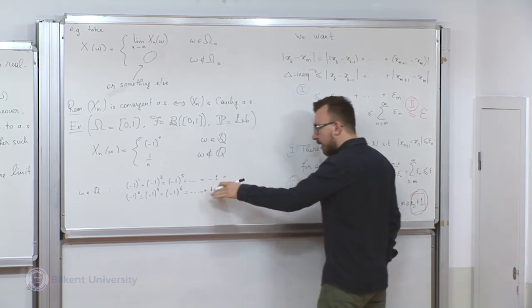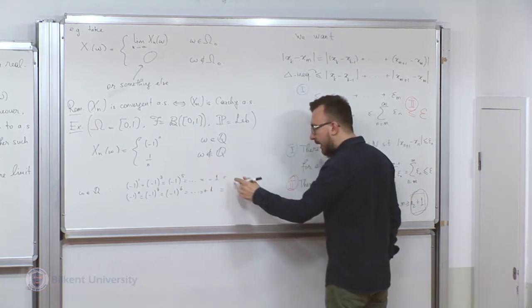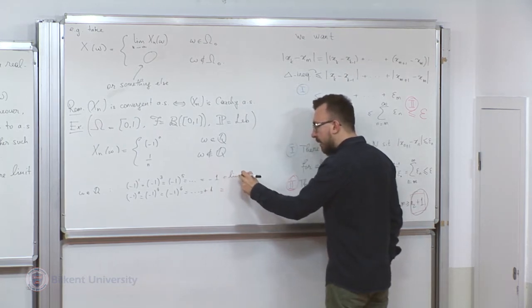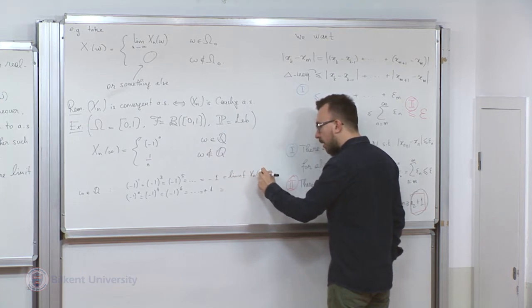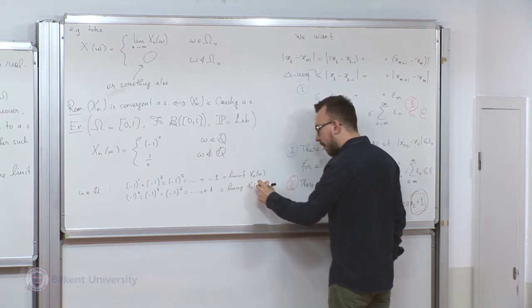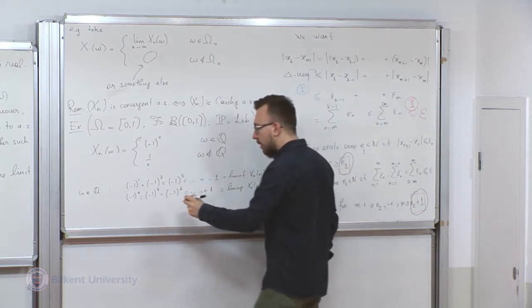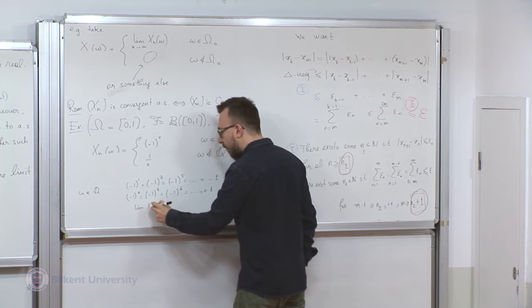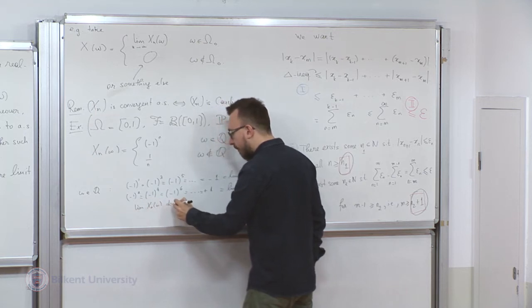So this sequence doesn't converge anywhere, because the lim inf is -1 and the lim sup is +1. So the limit of X_n(omega) doesn't exist.